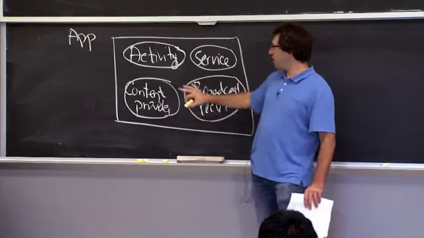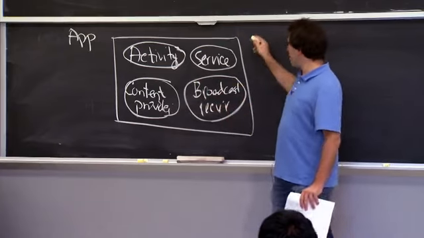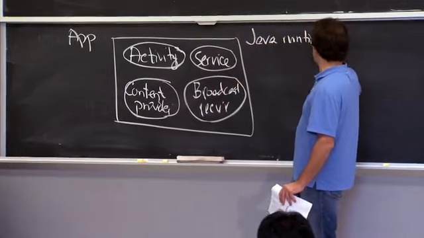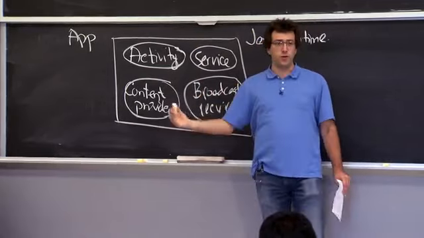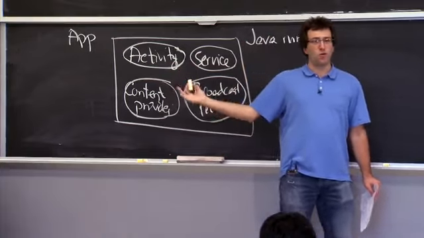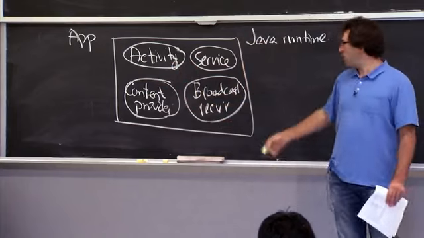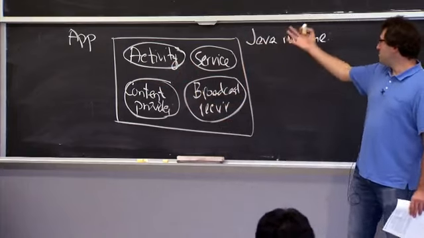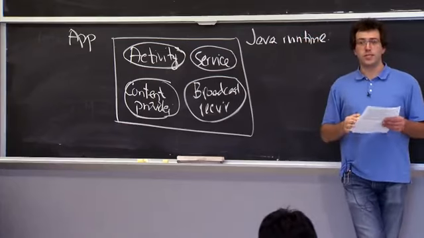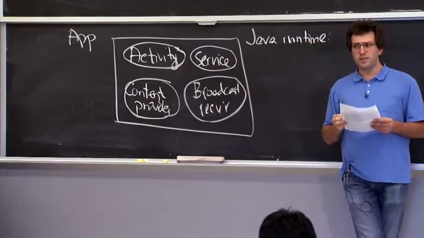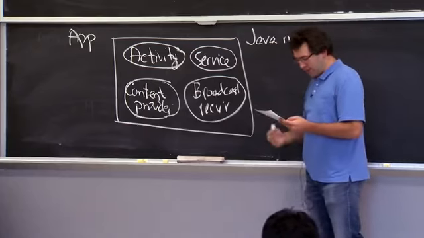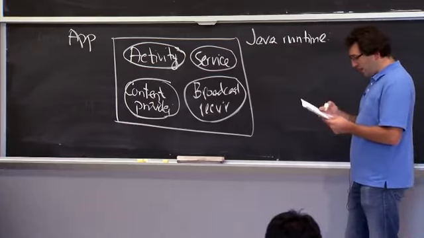This application box is really just a Java runtime that runs on top of your phone. It's just a single process on the Linux kernel running on your phone. All these components are just different classes or pieces of code running inside of this Java runtime process. That make sense? That's how it translates to traditional processes that you might understand otherwise.